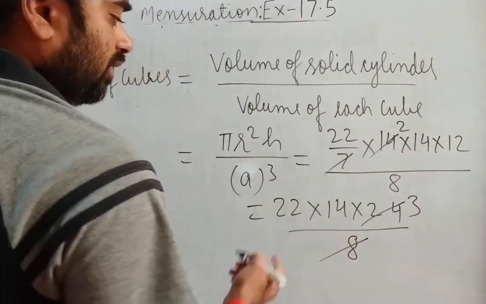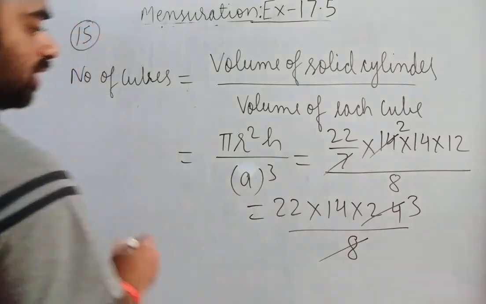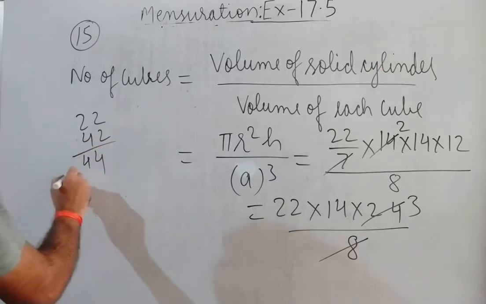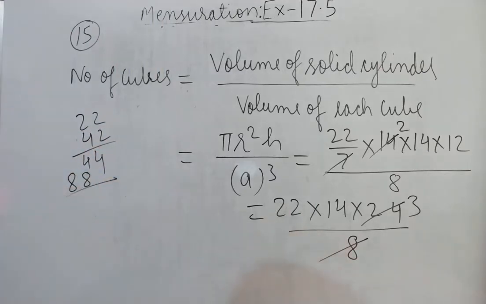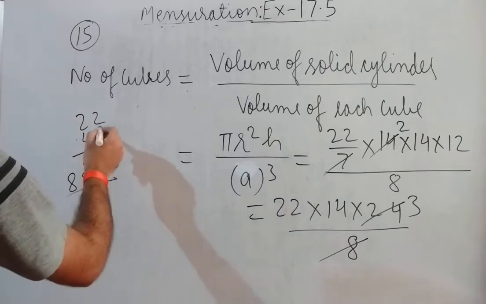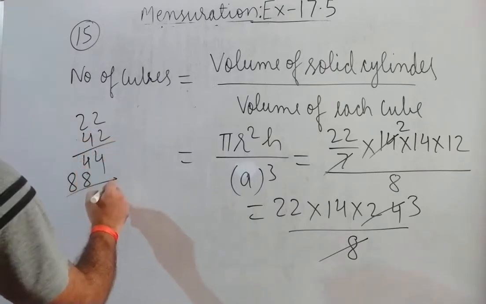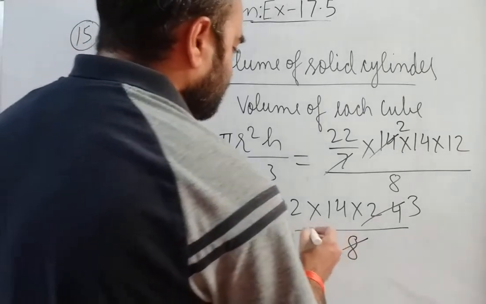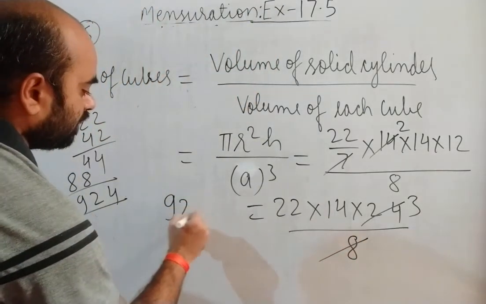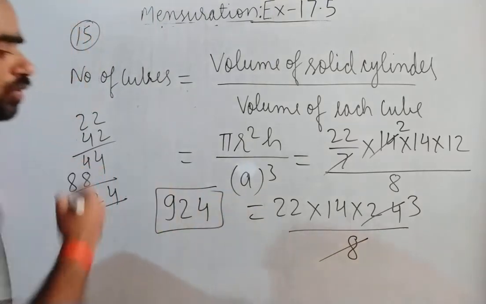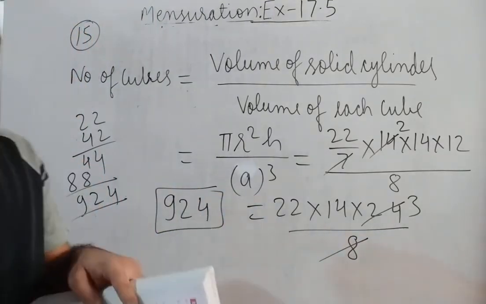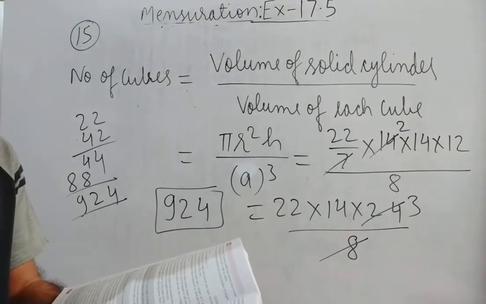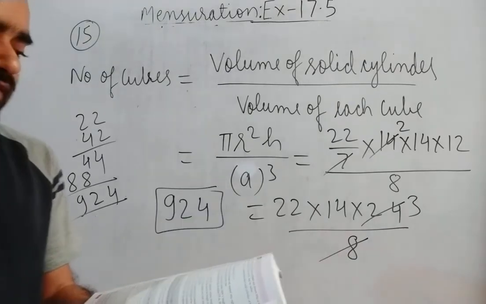So finally what will come? 14 into 3, 42. 22, 42. Correct? It means the final answer will be 924 cones. Sorry, 924 cubes. Correct? So next we will be doing this exercise.